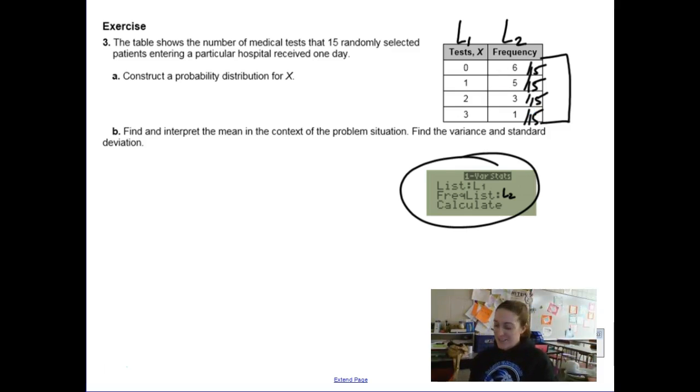All right, so we're going to get these little tiny decimals, so I'm going to use my actual calculator. So this is 0.4.